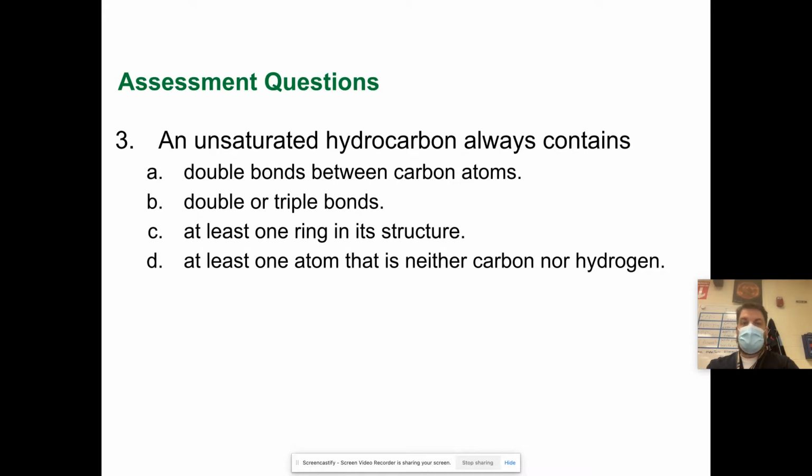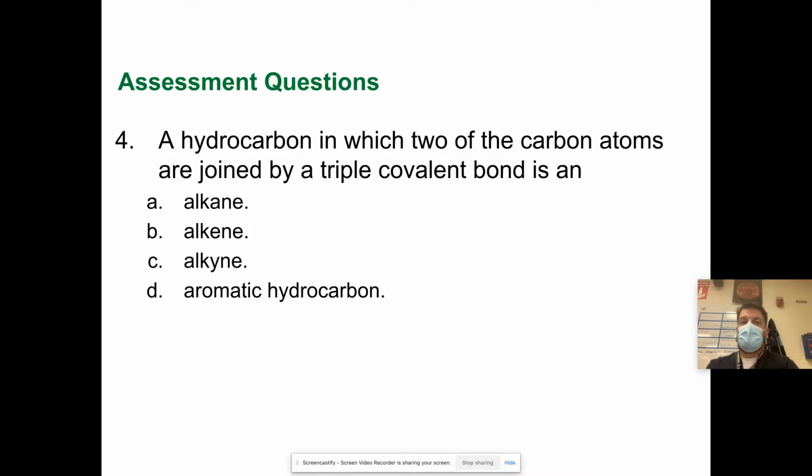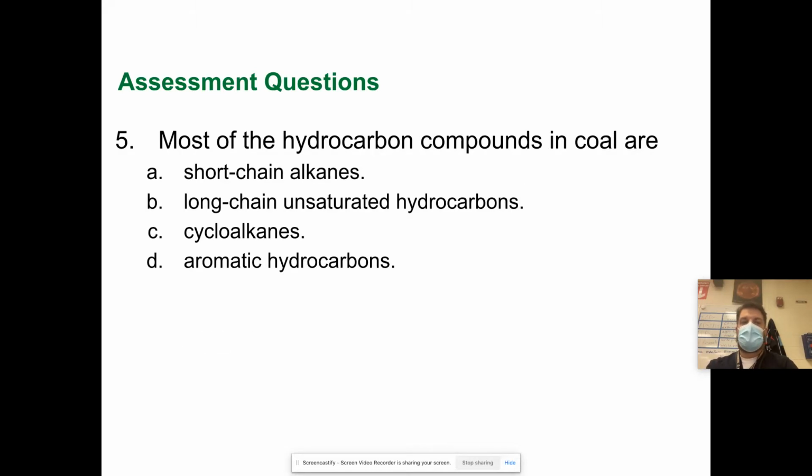An unsaturated hydrocarbon always contains at least one double or triple bond. A hydrocarbon in which two of the carbon atoms are joined by a triple bond is, anybody remember what that one's called? It's got to have at least one triple covalent bond. It's D. Oh, no, it was C. I'm thinking D is the ring, okay?